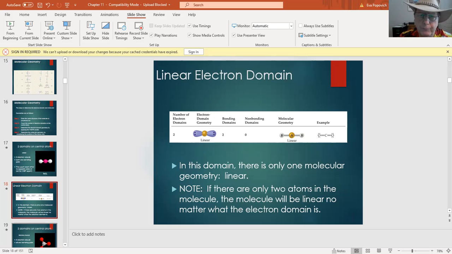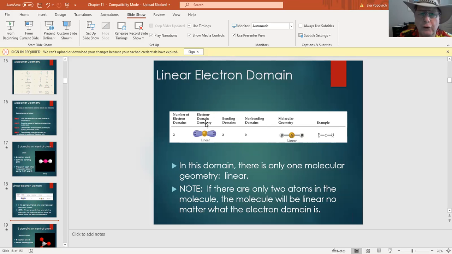Note, guys, even if I have a lone pair, say I have something like, I can't draw it. Say I have something like C triple bond N lone pair. I have 2 electron clouds, right? Yes. I have the triple bond and I have the lone pair.